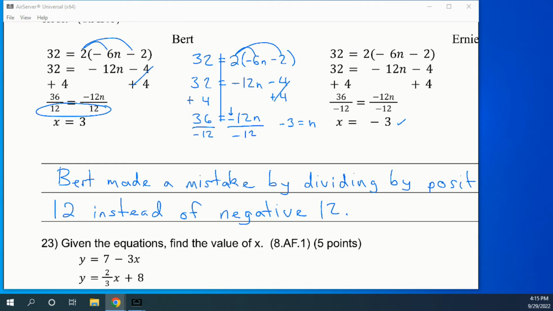And that's what Bert's mistake was. He just dropped that negative. So we ended up getting the opposite of the correct solution.